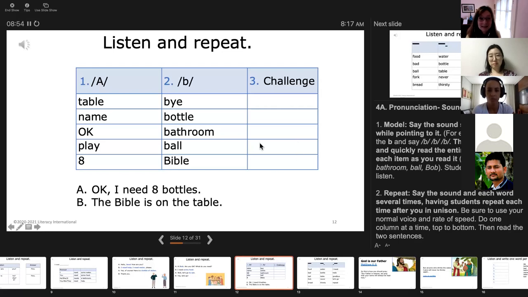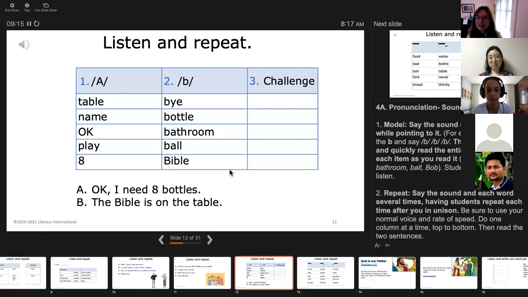But because this is level A1, we don't expect students to get their pronunciation perfect at this level. So if they're making an approximation and they're doing the best they can, that's fine.